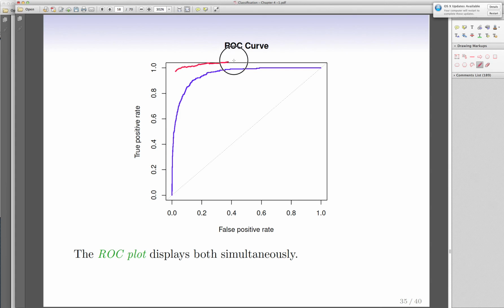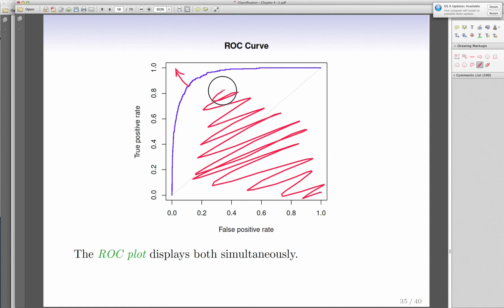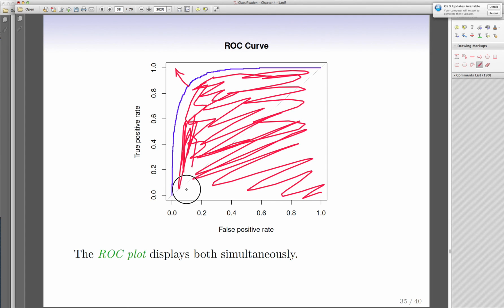So if you have a model that is closer and closer to, oh, I don't know why I cannot draw a straight line here. So ideally, you want to go this way. And the area beneath this curve gives you an understanding of how well your model is doing.